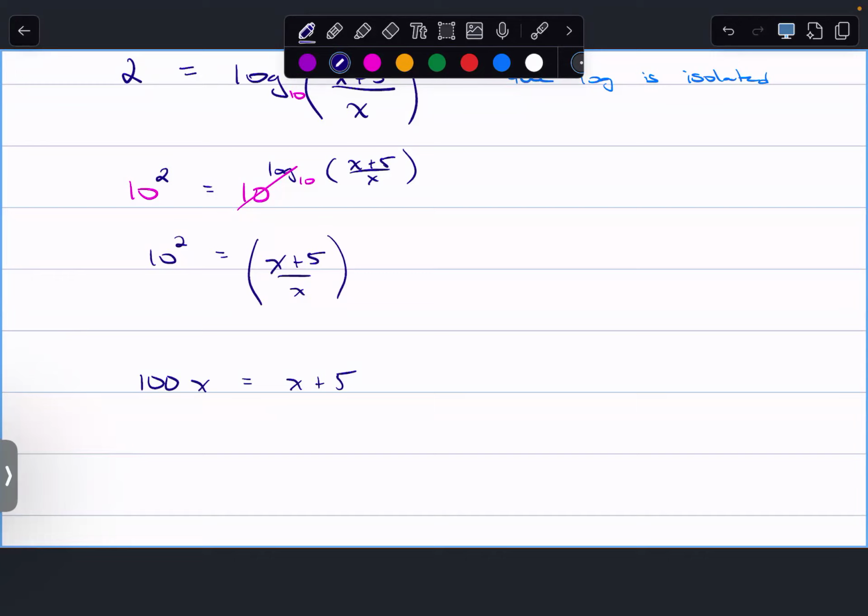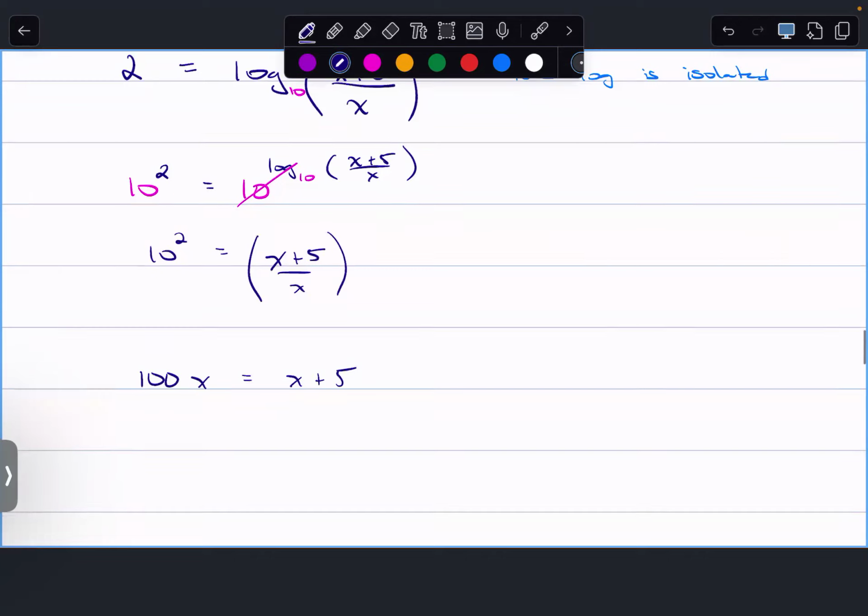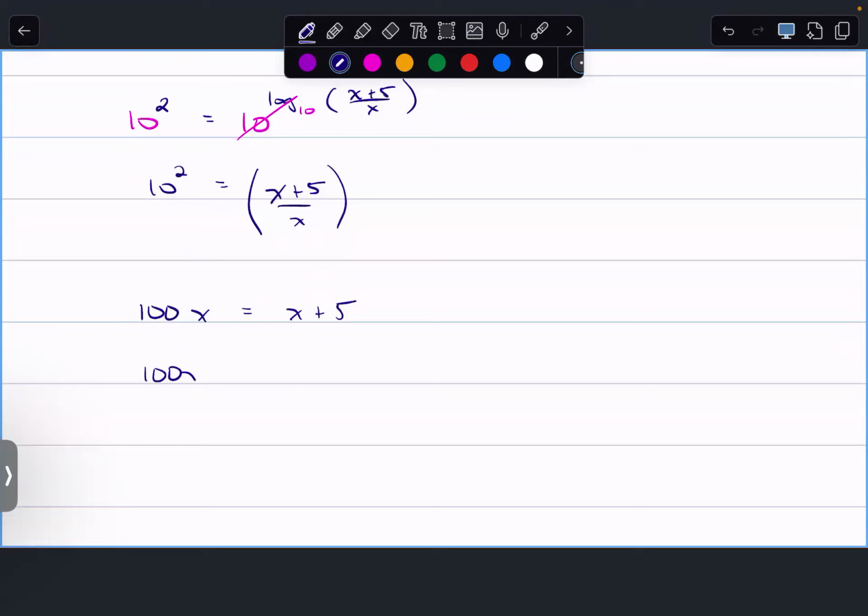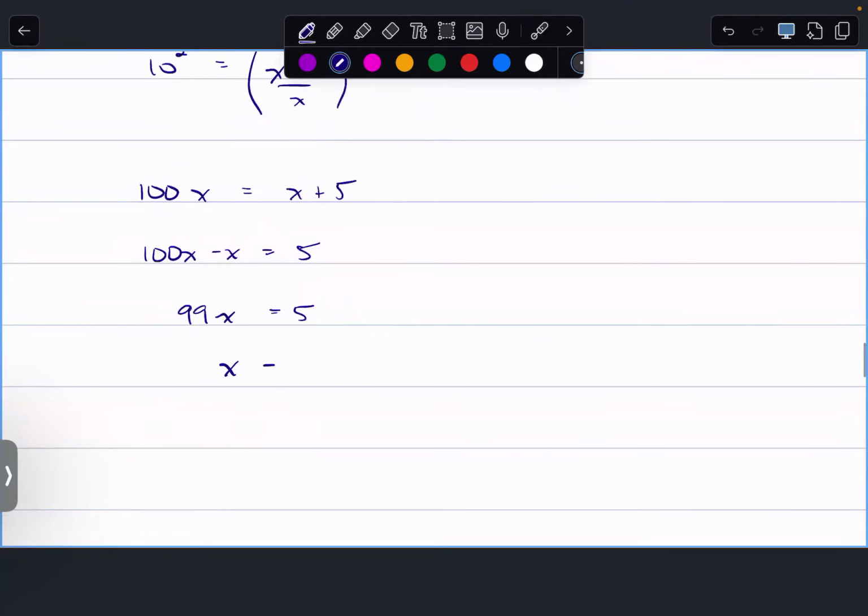So then I can subtract x from both sides and I get 100x minus x is equal to 5. So I get 99x is 5. So x must be 5 over 99. I'm going to go ahead and guess that's not a nice number. It's not. So I'll just leave it.